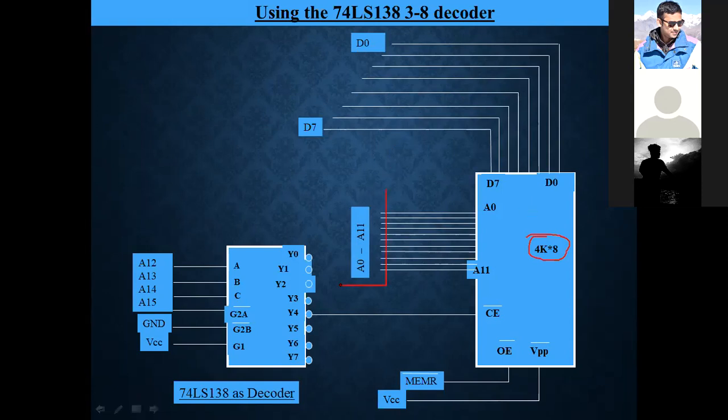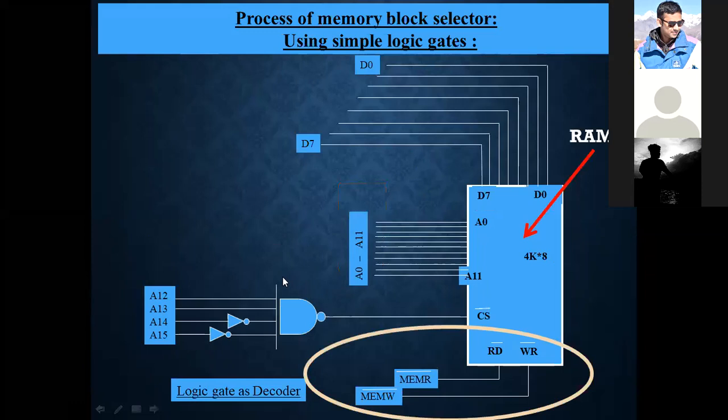A0 to A11 is directly connected to the ROM from the microcontroller. And the rest, A12 to A15, these four address lines are the chip selection lines.